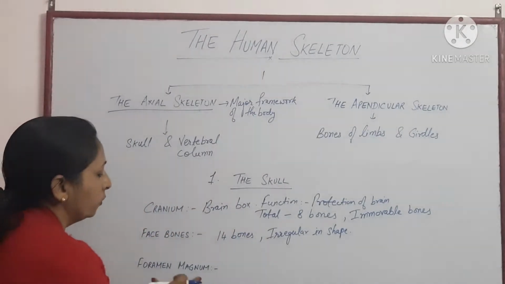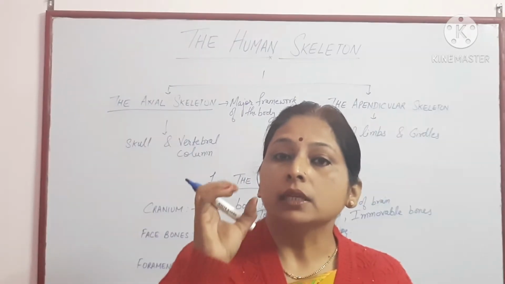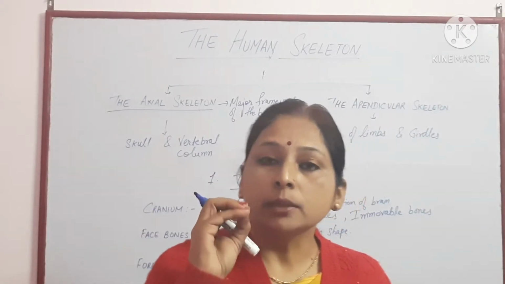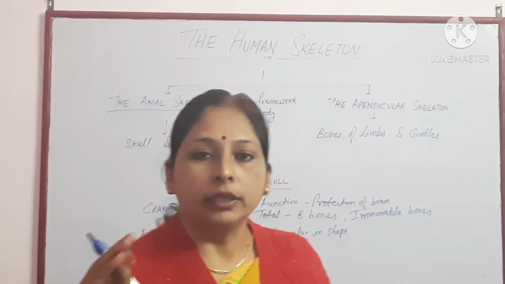Next is one word I have written here, foramen magnum. Foramen magnum is a hole through which the spinal cord emerges from the brain and enters into the vertebral column. If I draw a rough diagram, suppose this is the skull, then a hole through which the spinal cord emerges from the brain and enters into the vertebral column.